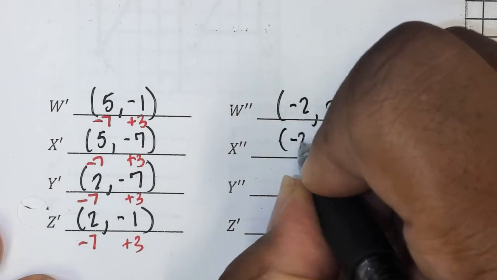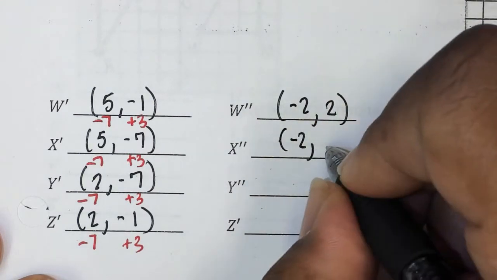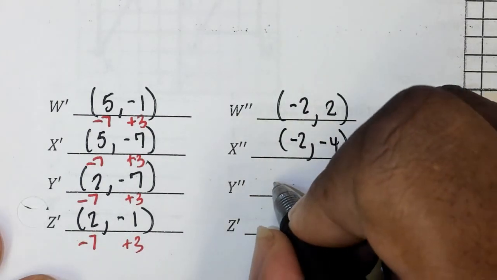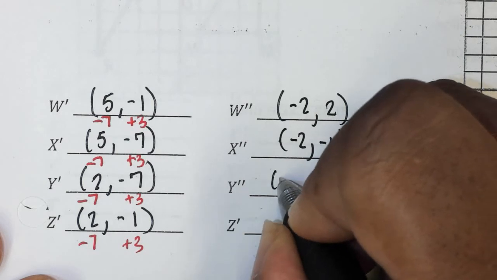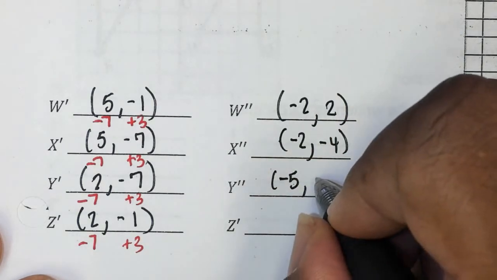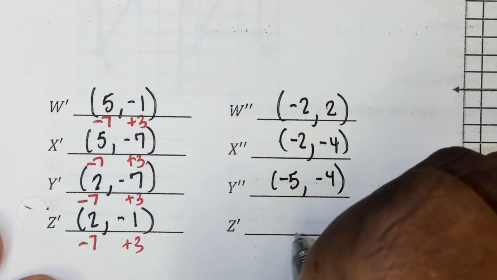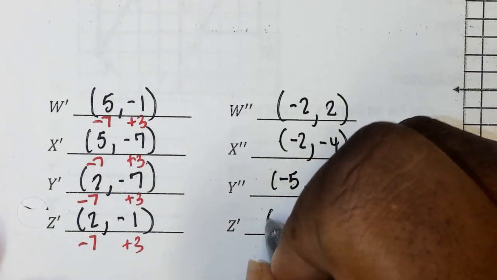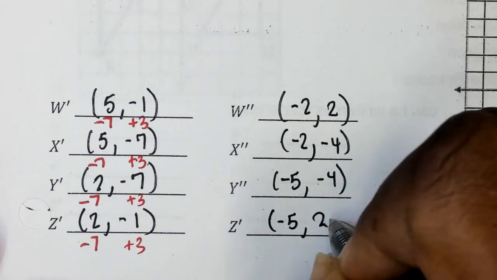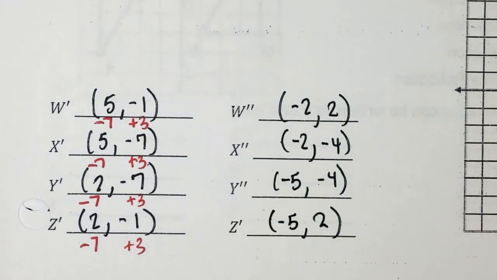That's -2, comma -4. That is -5, comma -4. And then -5, comma 2. These are my coordinates after the translation.